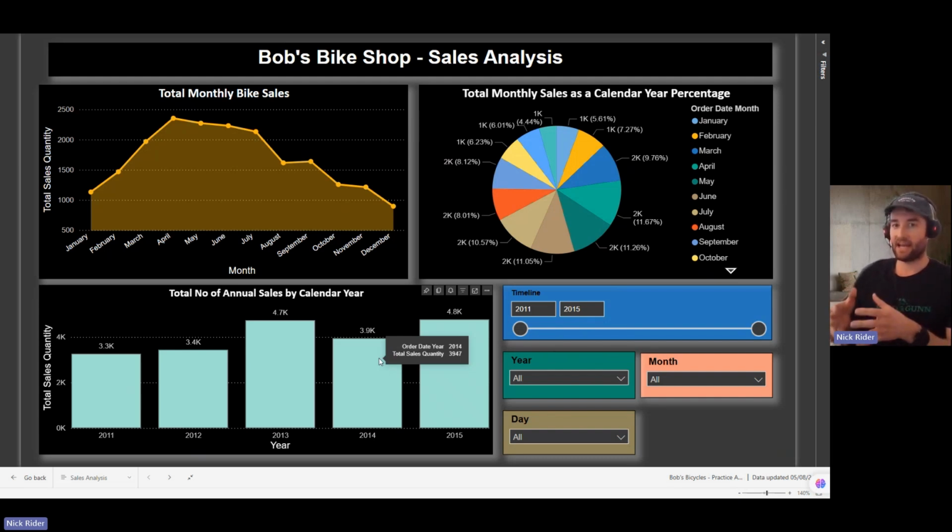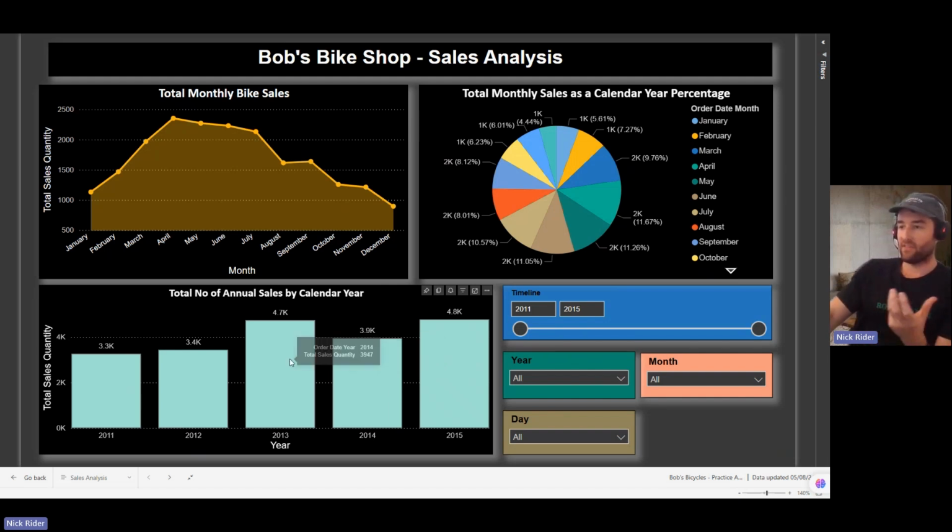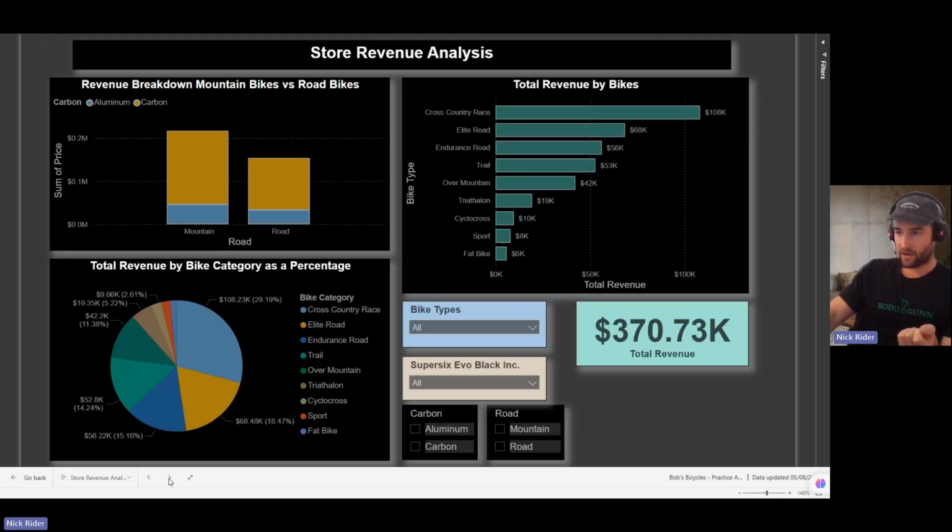So unfortunately, can't give a total revenue by month or annually in this case, but we can still see the quantity of bikes sold. So from 2011, 3.3K being the lowest year in his first year of business, and 4.8K the last year, 2015, in this business. So it's pretty solid there.